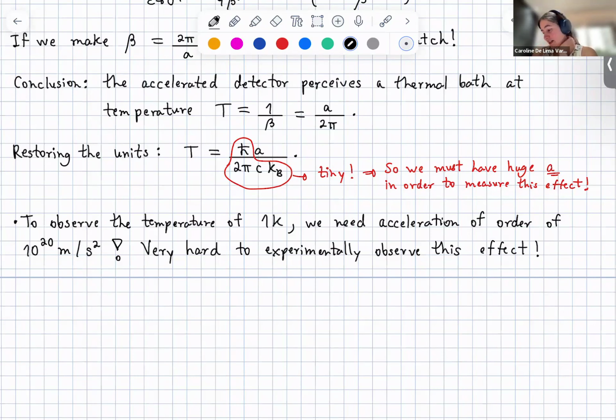I mean, the acceleration that I mentioned here, we cannot achieve this. Of course, no, we cannot achieve this. How much energy? As far as I checked, it's like billions of times the maximum energy that we can reach in some rocket science.